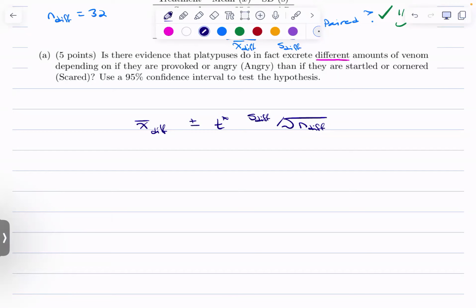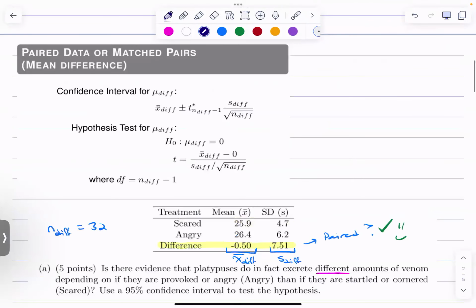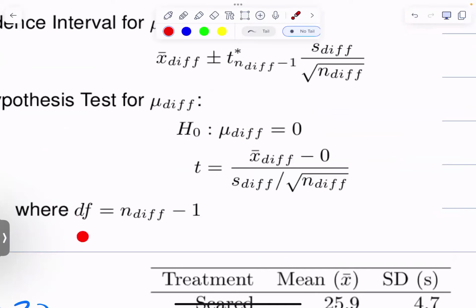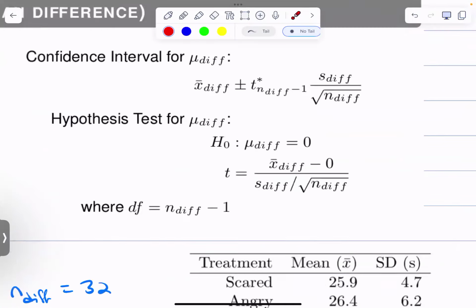We need T star, right? I have all the other components, but I need T star, and T requires the degrees of freedom. It's actually in here in the subscript. It's N diff minus 1 is your degrees of freedom, but it's also highlighted down here if you need it. So the degrees of freedom is N diff minus 1.